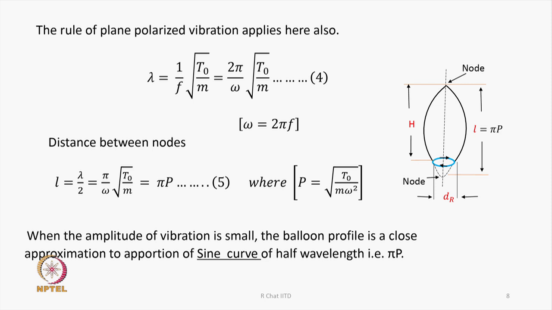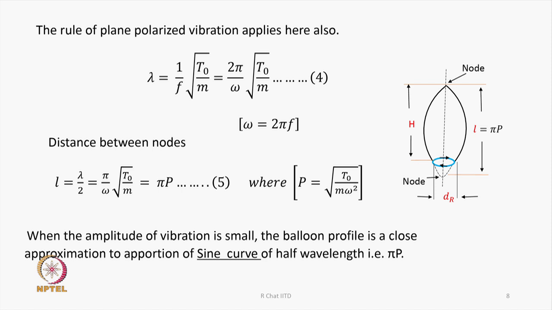And we write that the distance between the nodes, that is from here to there, is always going to be pi p, where the value of p depends upon the tension, mass per unit length of the yarn, and omega, that is the rotational speed in terms of radian per second.